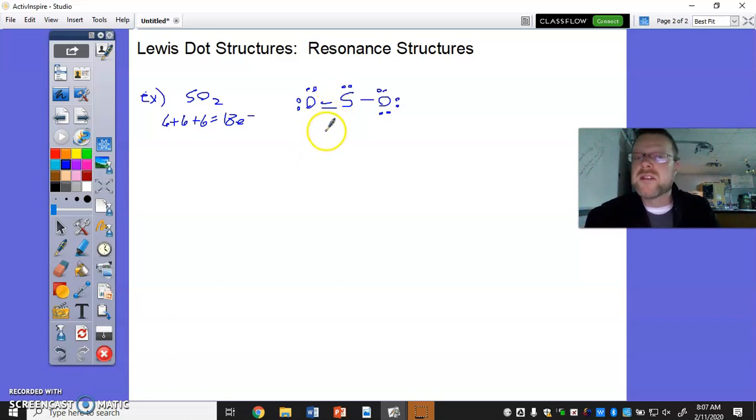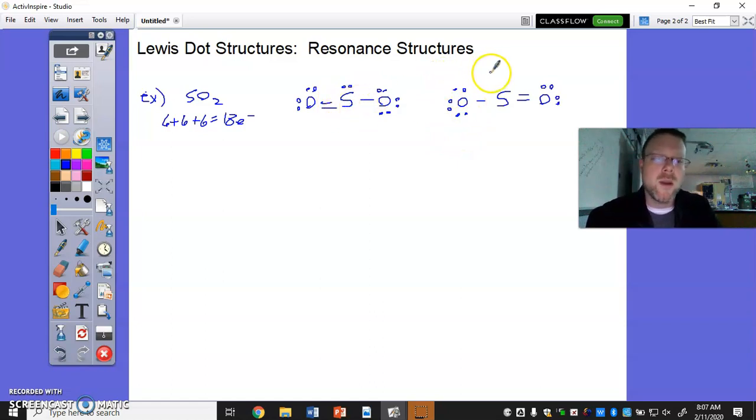Now, someone else building this same molecule may have decided to take that double bond and place it on the other side of the molecule. And so then the question becomes, well, which model is right? And the answer is yes. Both models are correct, okay?